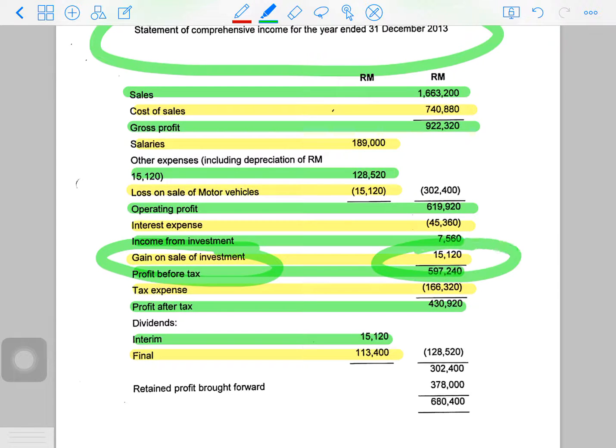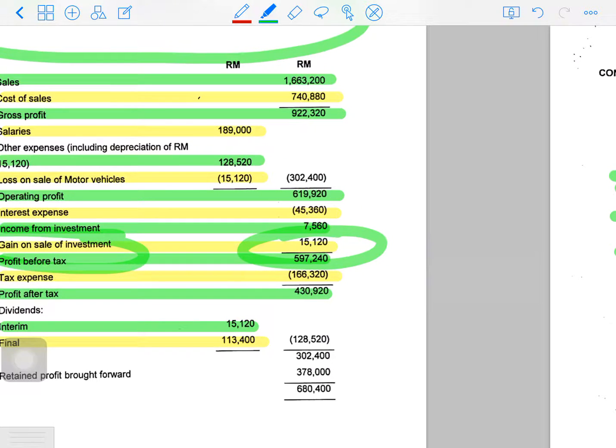Yang ni maknanya during the year, dia ada sale of investment. Bila dia ada sale of investment, maknanya dia ada gain kan, dia ada selling price, cost dia kan.